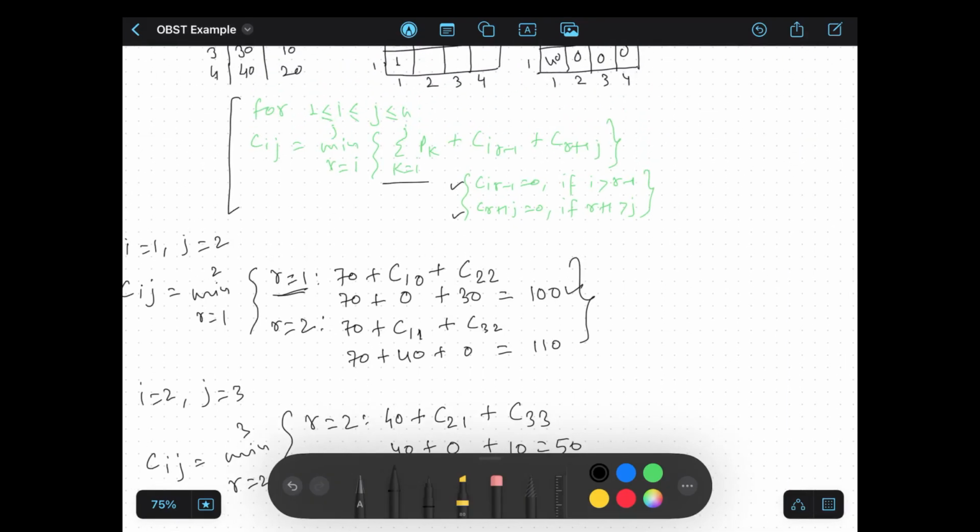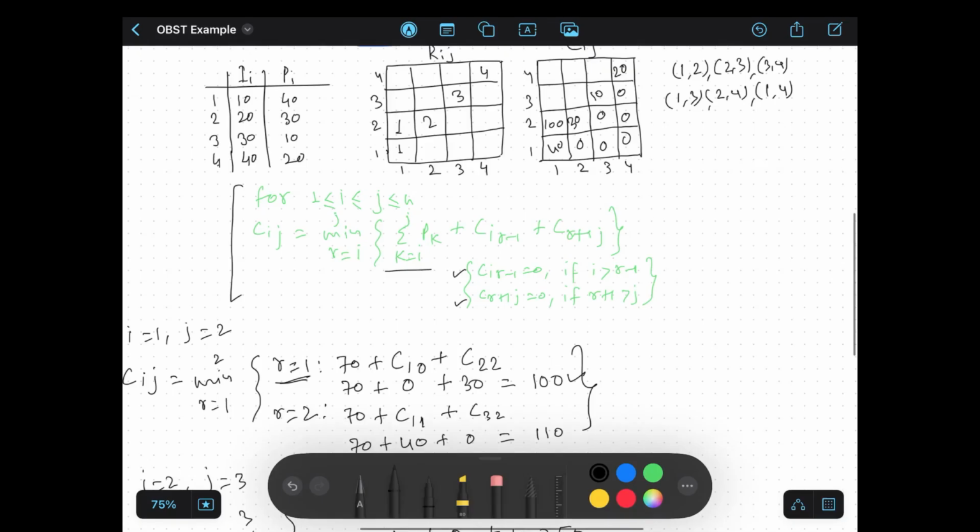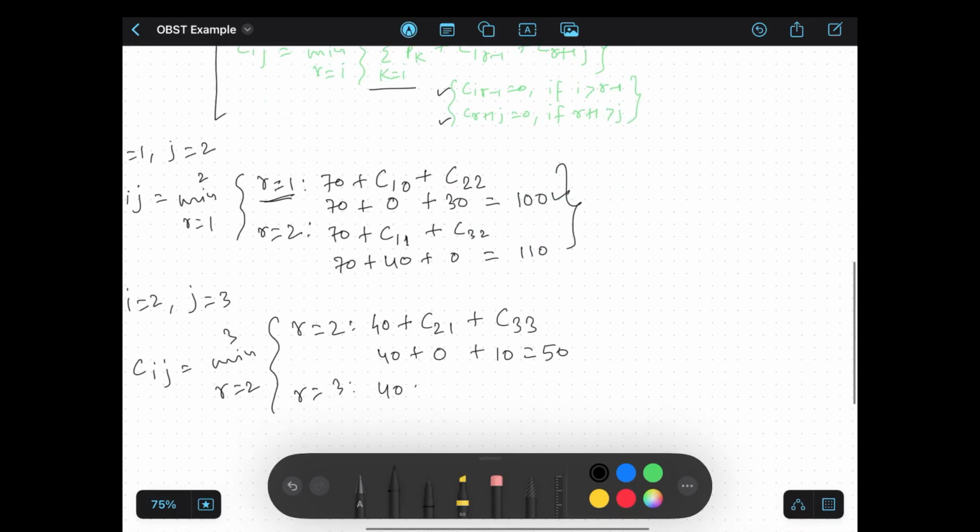Similarly, for the other case, the summation of probabilities, again i to j, which is 2 to 3, is 40. This is going to remain the same, and then this will come out to be C22 plus C43, which is 40 plus 30 plus the boundary condition, which is 70.